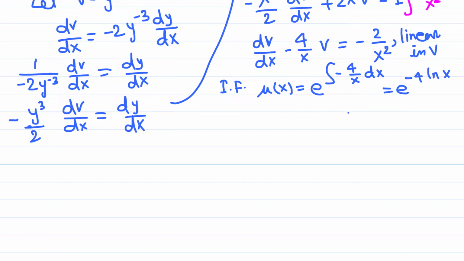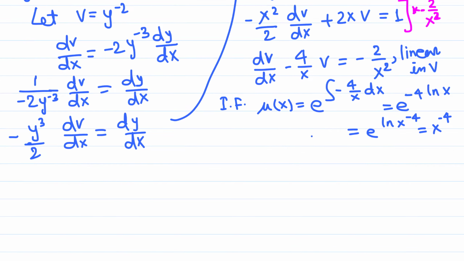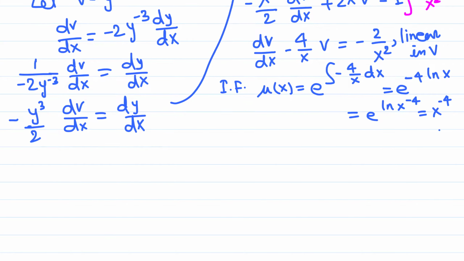Negative 4 here, so e to the ln x raised to negative 4. Now e and ln cancel: x to the negative 4, which is 1 over x to the 4th. That's the integrating factor. I'm assuming x is positive, obviously, because I did not write absolute value. Now we multiply both sides of this, the dagger equation, by x to the negative 4.